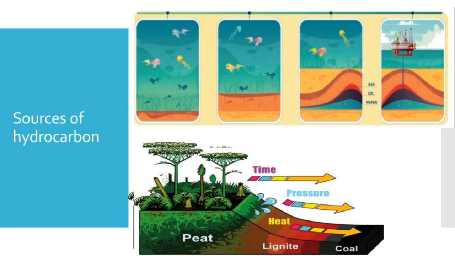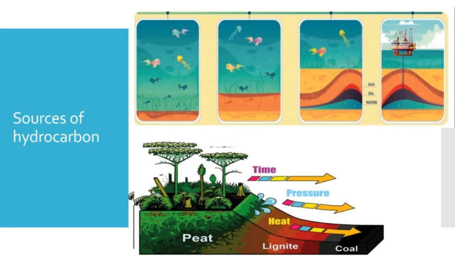Sources of hydrocarbons. Hydrocarbons occur naturally and they are found in fossil fuels like crude oil, natural gas, and coal. About 300 million years ago, plants and animals died and were buried on the ocean floor. Over time, they were covered by silt and soil layers.